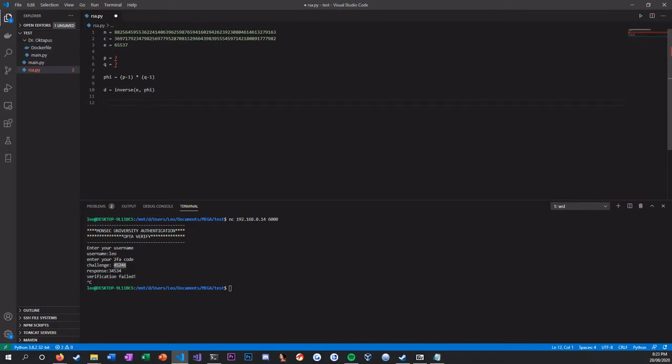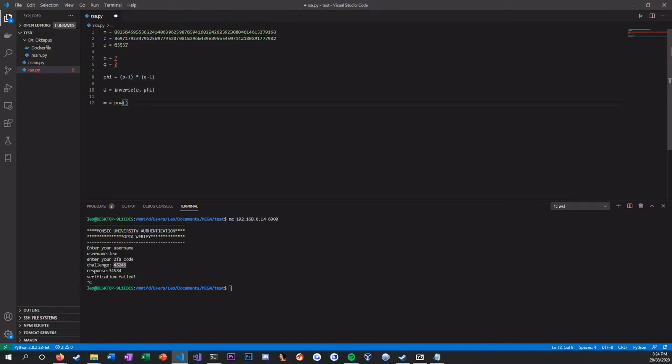And now, as I mentioned earlier, C to the power of D mod N is equal to the message, which is what we're after. And so once we know D, we can find the message by saying M is equal to pow. Now this function here is just a more efficient way that Python gives to calculate powers for you.